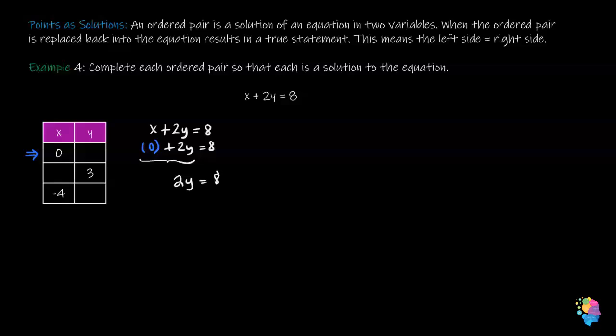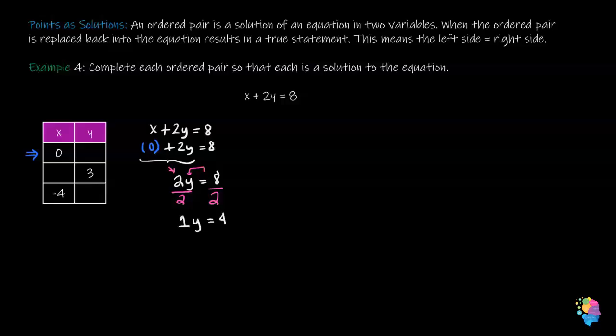Now my variable is on the left side and is being multiplied by 2. So the opposite of multiplication will be to divide both sides by 2. Now 2 divided by 2 will give me a 1y, and on the right side, 8 divided by 2 will give me a 4.